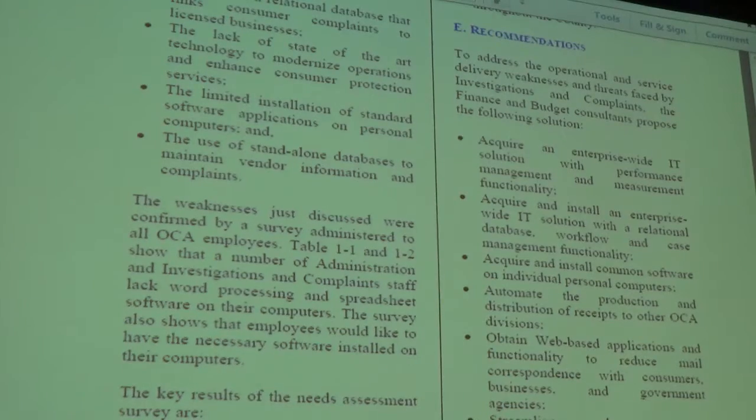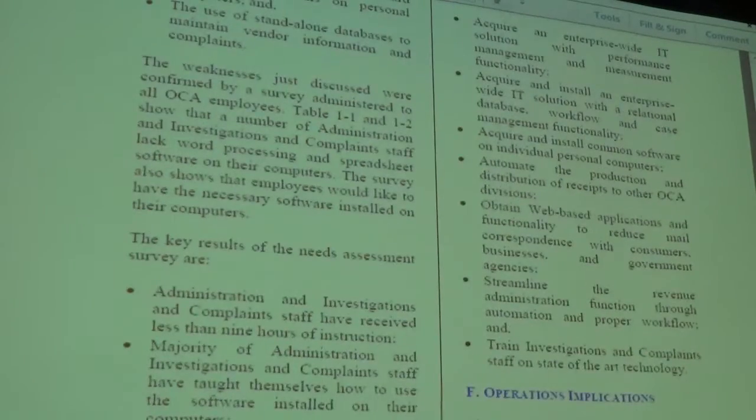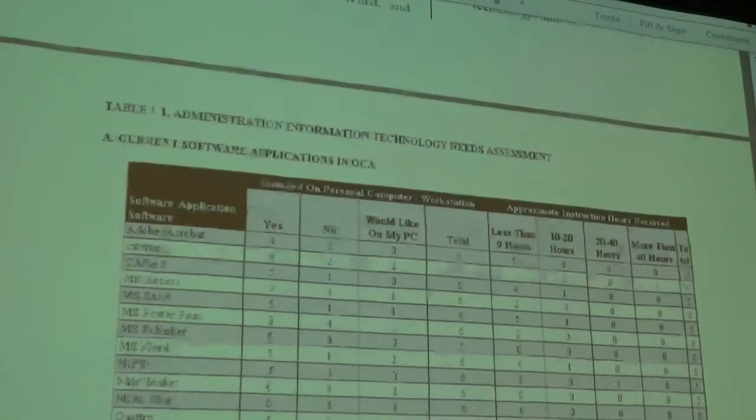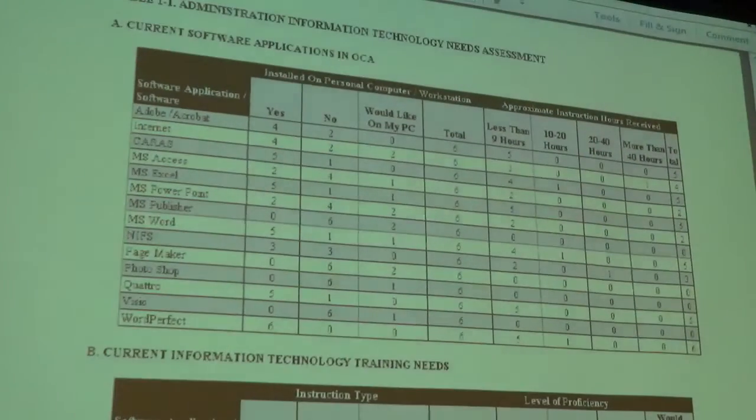Acquire and install software across all individual programs and personal computers. Automate the production and distribution of receipts. Obtain web-based applications to reduce mail correspondence. We identified operational applications, and the recommendations help usher the program toward advancements.